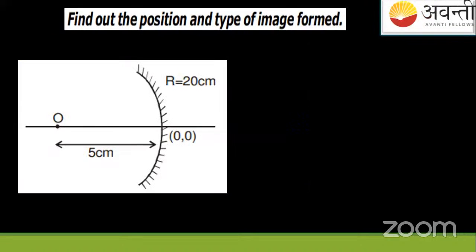Yes, this is a recall question for all of you. Just try to solve this question. Any one of you can answer. Okay, I'll solve this question for you. Let us solve it together, you and me. We have the radius of curvature given as 20 centimeters.